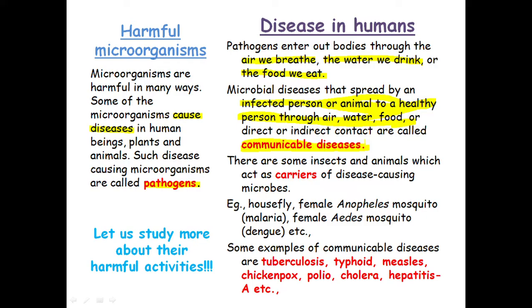Examples are cold and flu. There are various other communicable diseases, for example tuberculosis, TB, typhoid, measles, chickenpox, polio, cholera, hepatitis A, etc. So now remember the two terms: pathogens and communicable diseases. Next is the carrier.